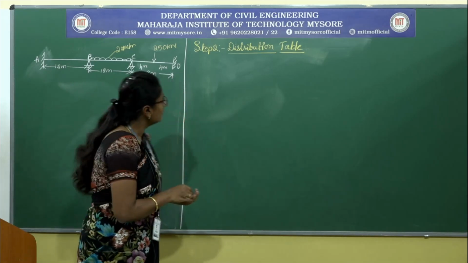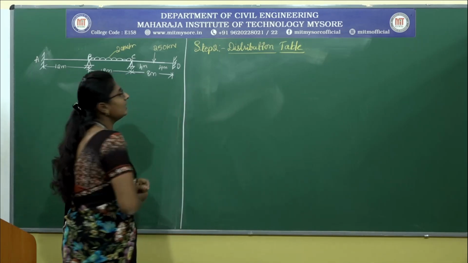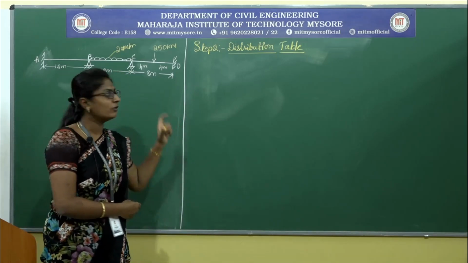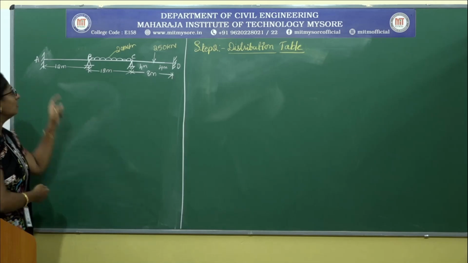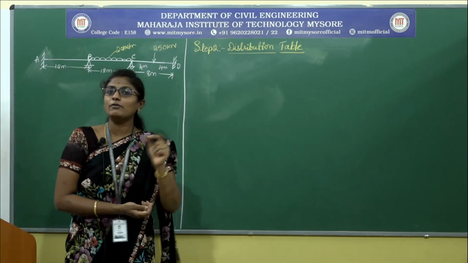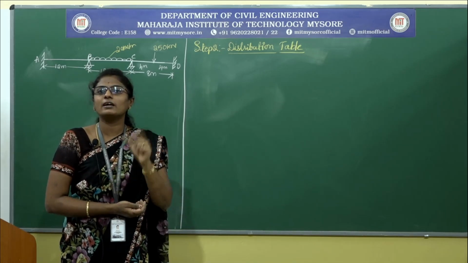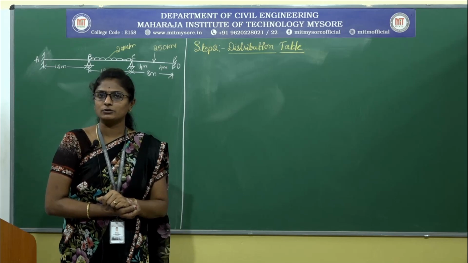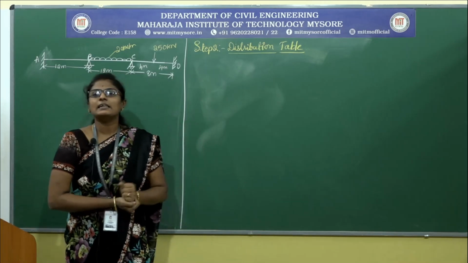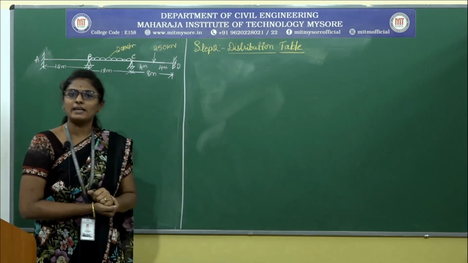For the intermediate joints, we have to consider each joint separately and find the distribution factor. For this problem, I will let you know the distribution factors for the fixed joint and for the hinged joint, for use in any other problem as well. So first, let us consider the case if the joint is fixed.